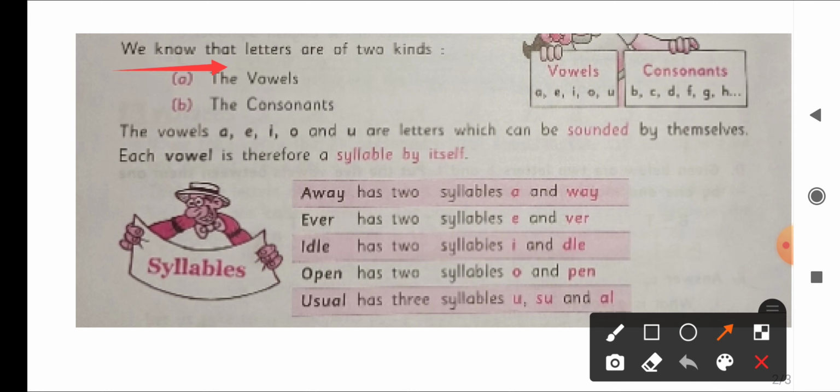We know that letters are of two kinds. We have seen two kinds of letters, vowels and consonants, in our last class, isn't it? So what are vowels? A, E, I, O, U are vowels, isn't it? And what are consonants?